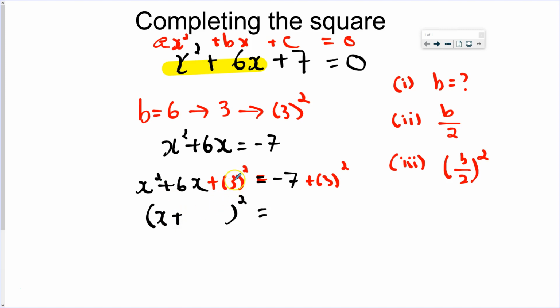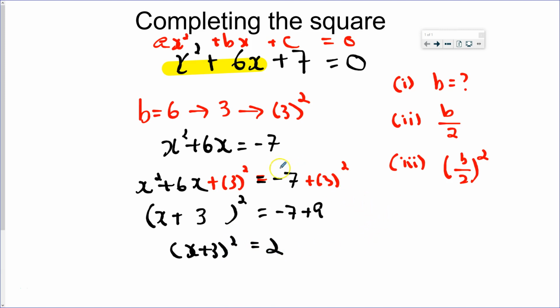I'm going to copy the number inside this parenthesis. That's how I would do it. I have x right over there, copy that sign, copy that thing. I will get to this -7 plus 9, which we can do over here. It's not too much problem. We are just going to go one more step. Just x plus 3 squared is equal to 2.